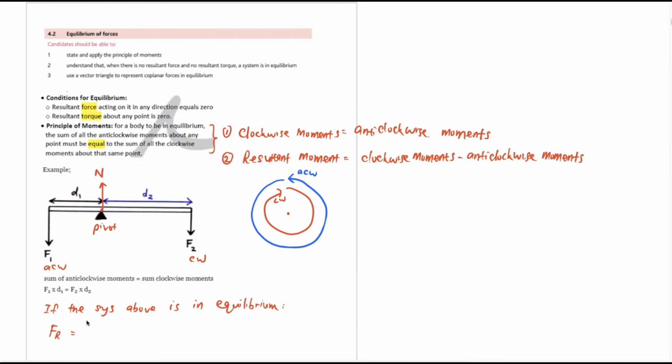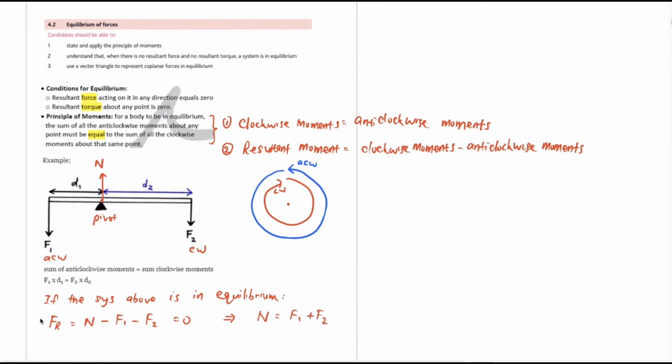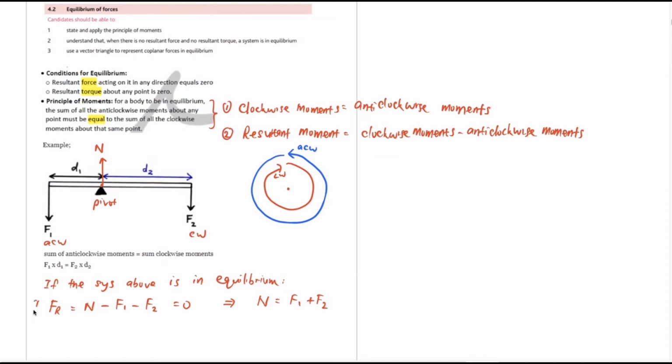I change to N, normal reaction. Normal reaction minus F1 minus F2 is equal to 0. Resultant force is upward forces minus downward forces equal to 0. So because of that, I get upward force equal to downward forces. So that is number 1.